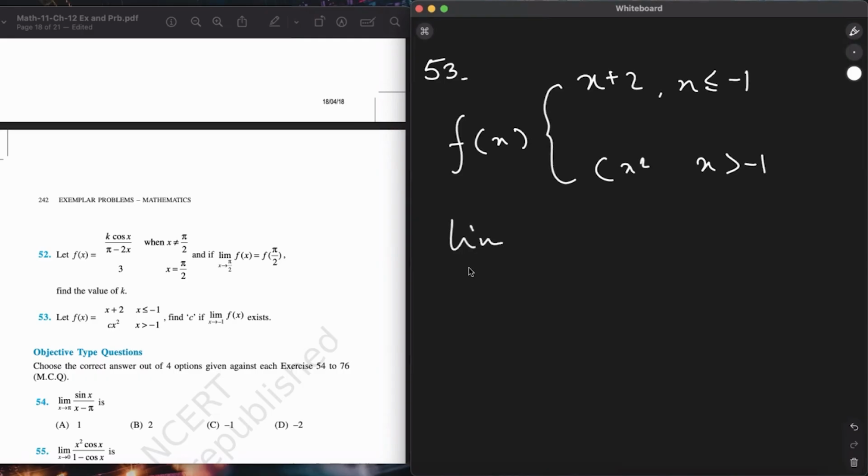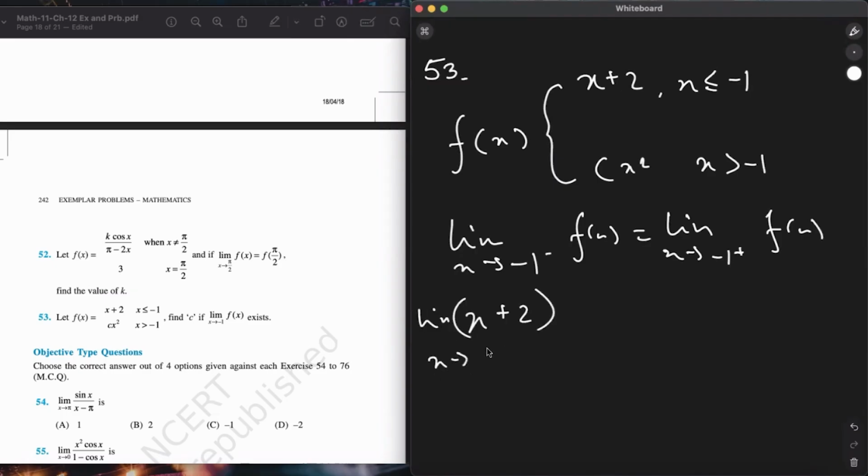So if I find the limit for x tending to minus 1 negative for f(x), it must be equal to the limit for x tending to minus 1 positive for f(x). Less than minus 1 is x plus 2, so I put in this value here, x plus 2, where x tends to minus 1 slightly less.